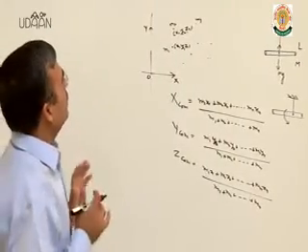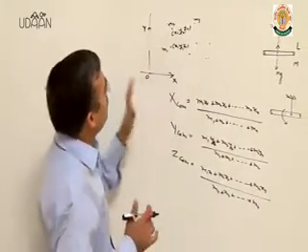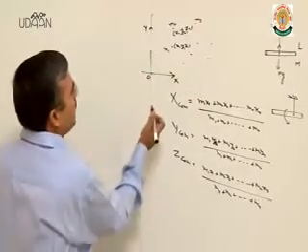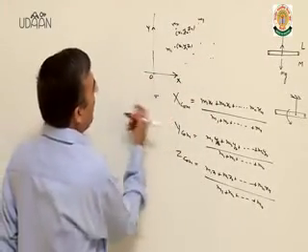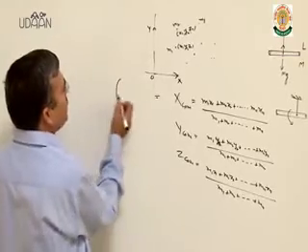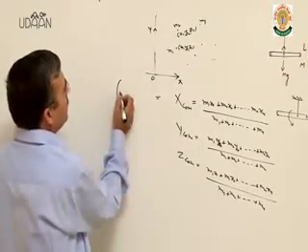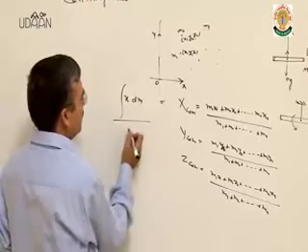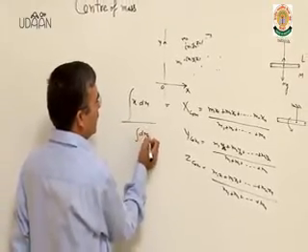If the body is continuous, like a rod, in that case x-COM can be written as integration x dm divided by integration dm.